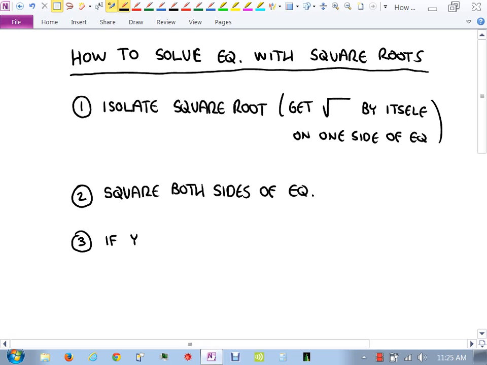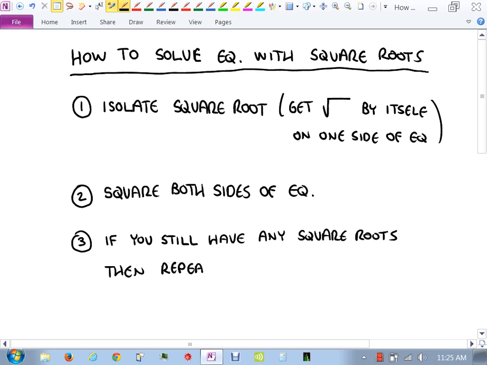Okay, step 3 is a little weird. If you still have any square roots, then repeat steps 1 and 2.